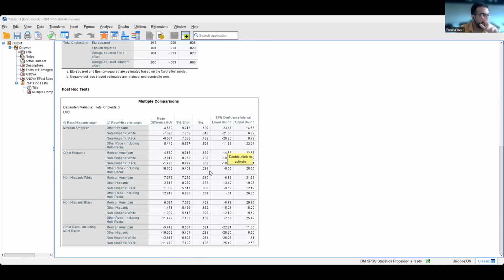If there was, the F-test statistic would be significant. But here we are comparing Mexican American with other Hispanic, non-Hispanic white, non-Hispanic black, and other race. The second row, we are comparing other Hispanic with Mexican American, non-Hispanic white, non-Hispanic black, and so on and so forth. That's how we look at the post-hoc test table.